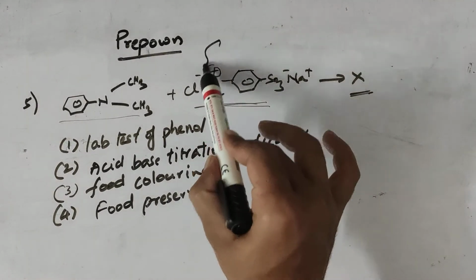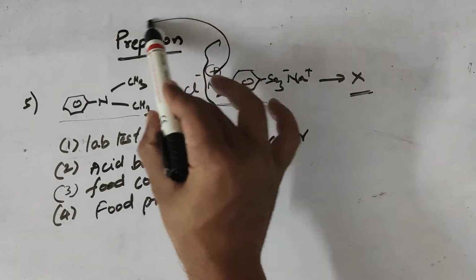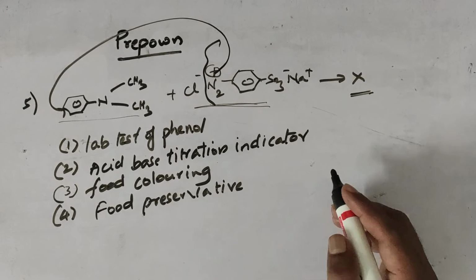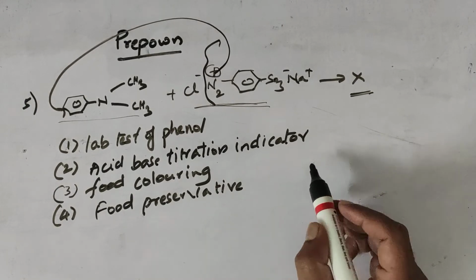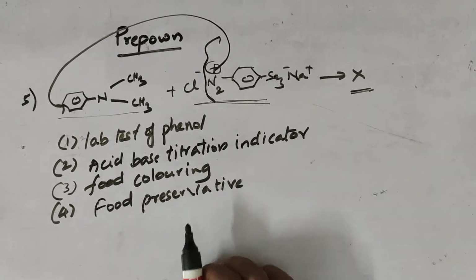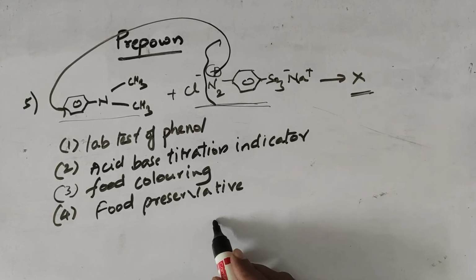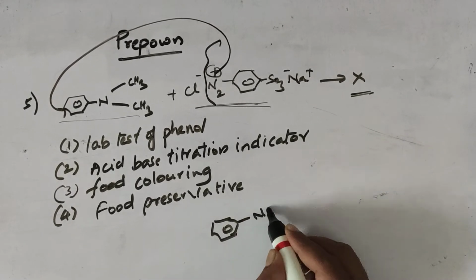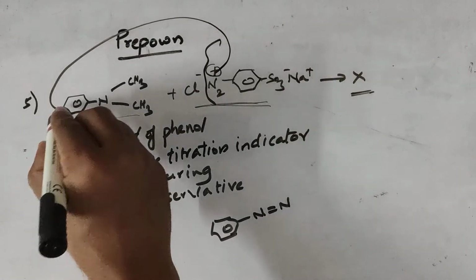So this is a diazonium group. This acts as an electrophile. It attacks on the benzene ring. So this forms an azo compound. The azo compound formed would be, as you can see, N double bond N, because this group is attacking at this position.